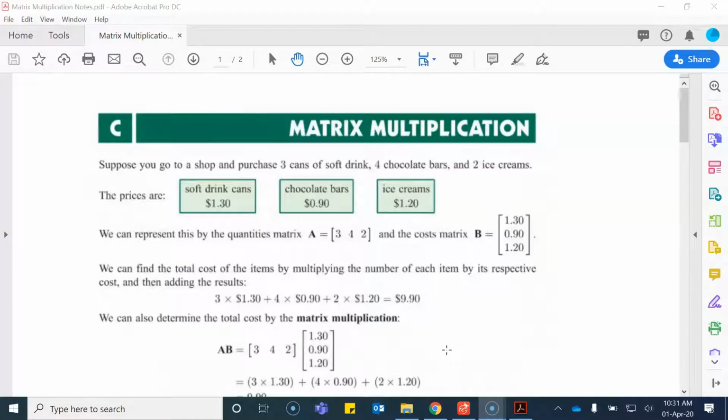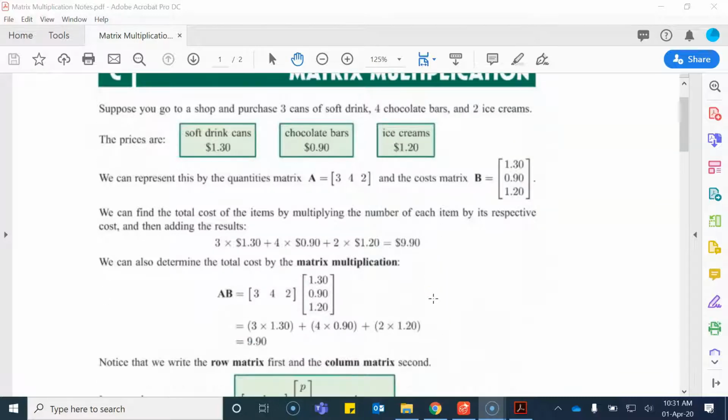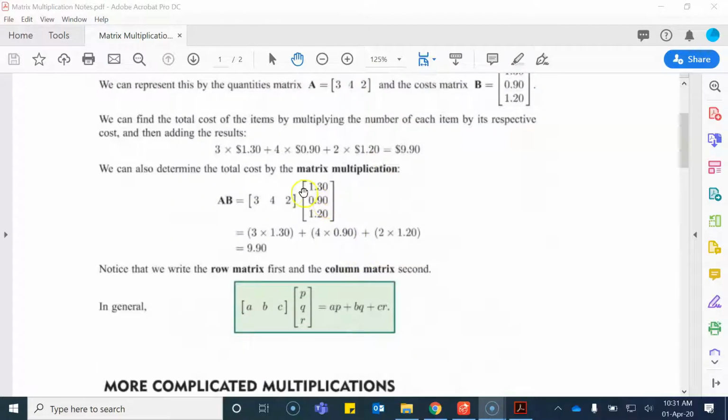Basically, if we have two matrices such as this row matrix and this column matrix, we can multiply the matrices by taking this first value and multiplying it by that value, plus this value times this one, plus this value times this one.